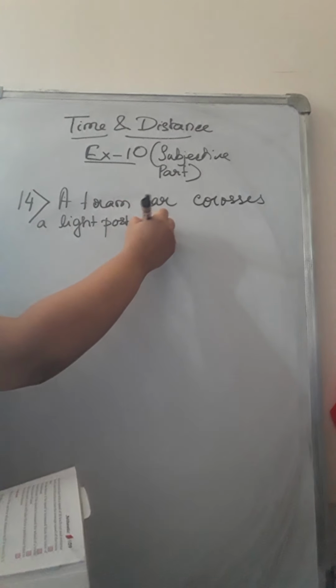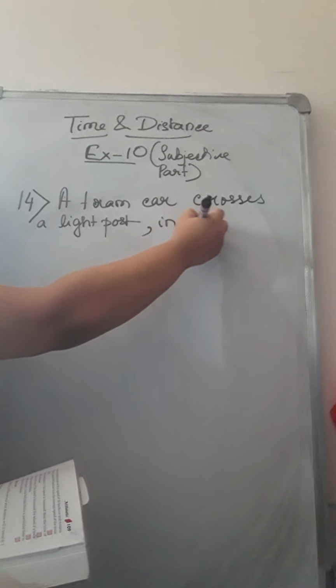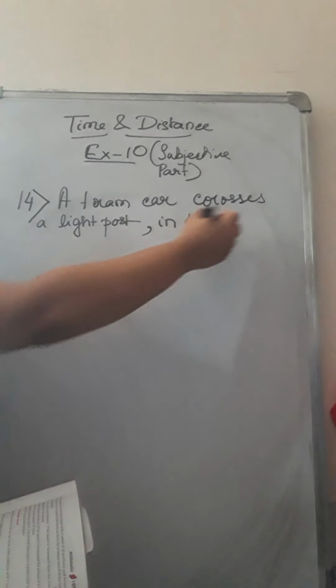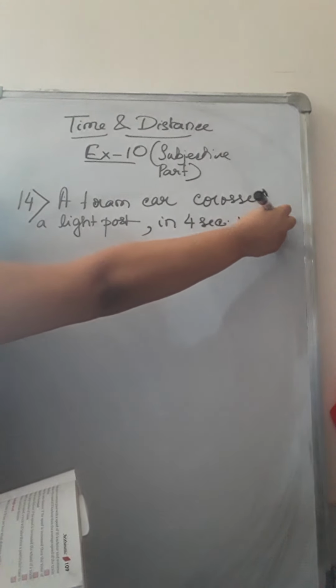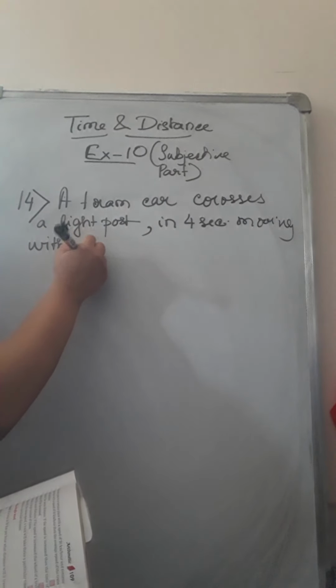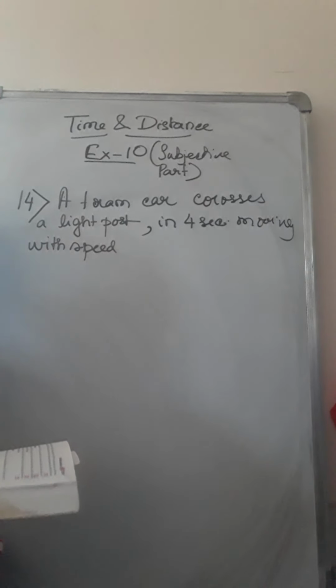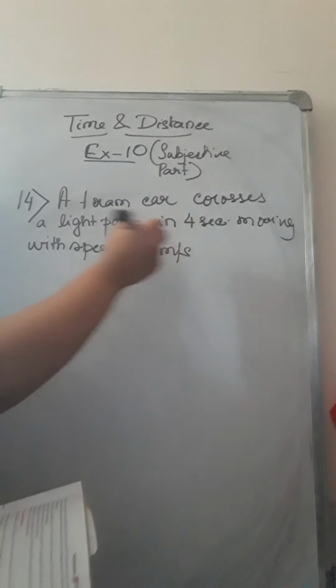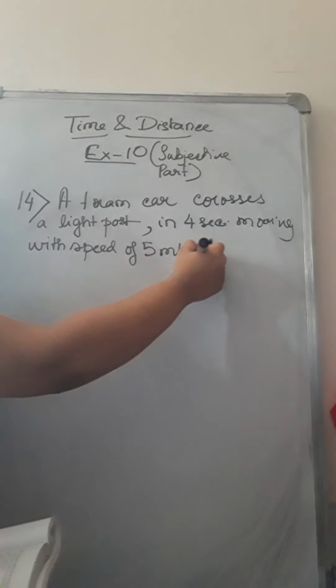So I am not writing in details. In 4 seconds, moving with speed of 5 meters per second. Find the length of the tram car.